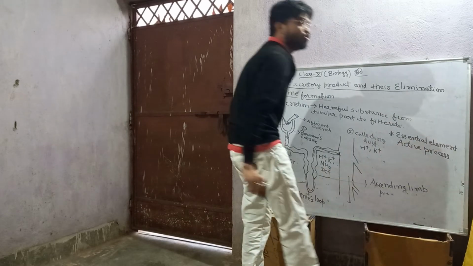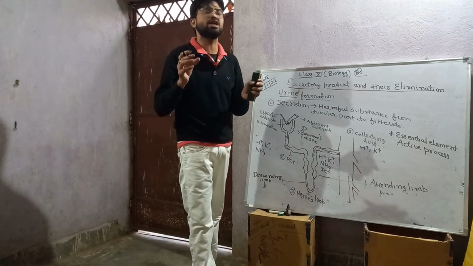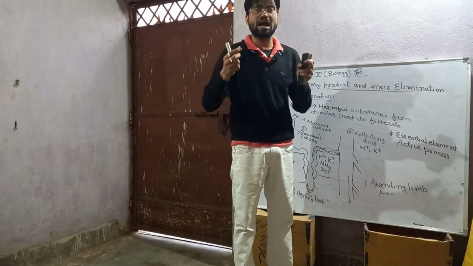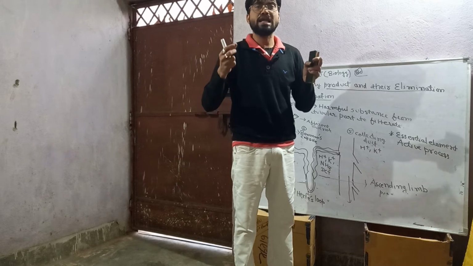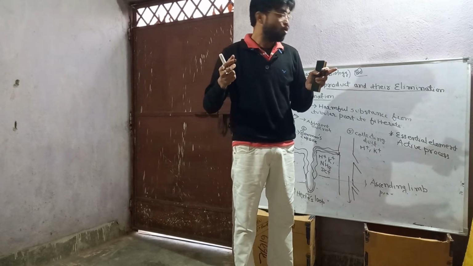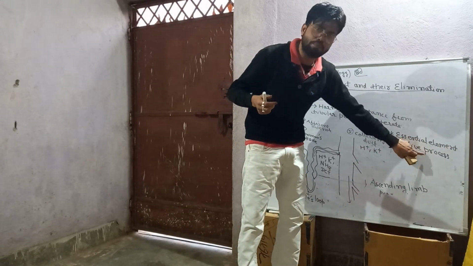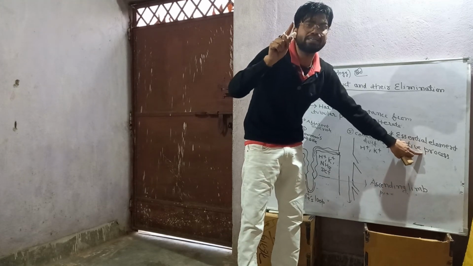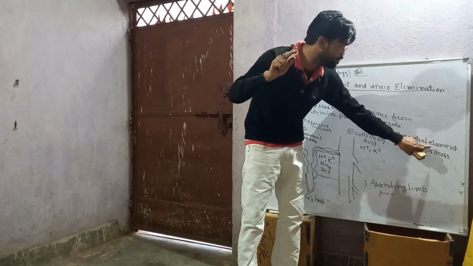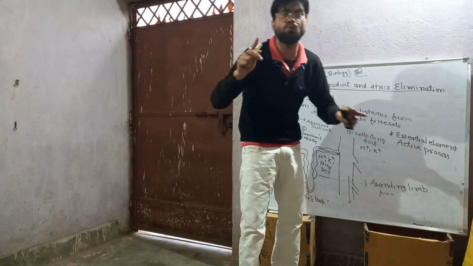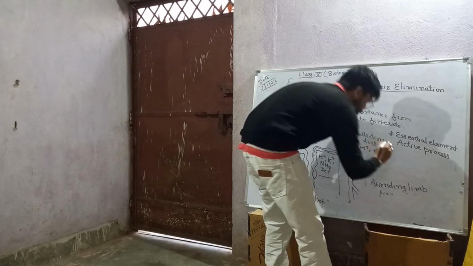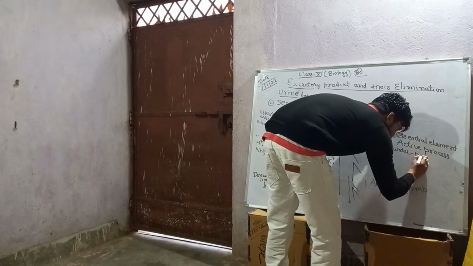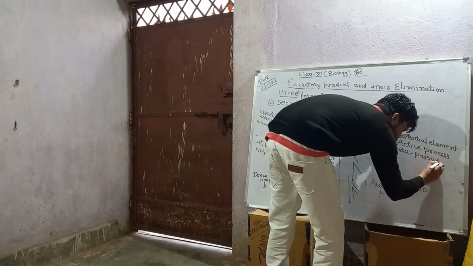That is the first point you have to understand. Sometimes a question will come that the essential elements such as sodium ion, bicarbonate ion and electrolytes are absorbed by the active process. And my dear students, only one thing you have to remember: all these essential elements are absorbed by the active process, but water is absorbed by the passive process, not the active process, meaning without energy.